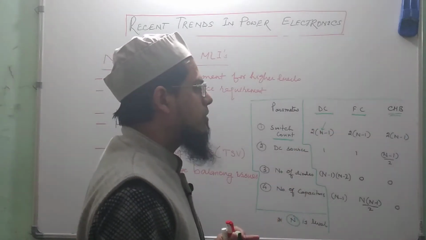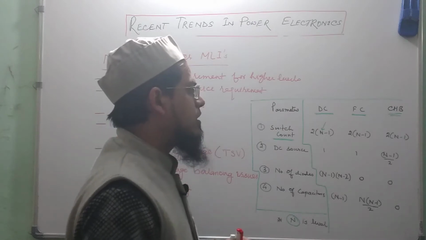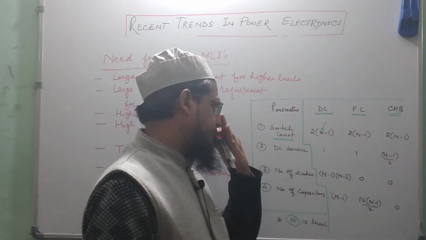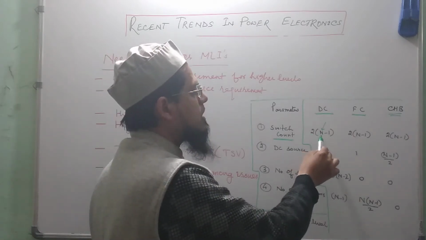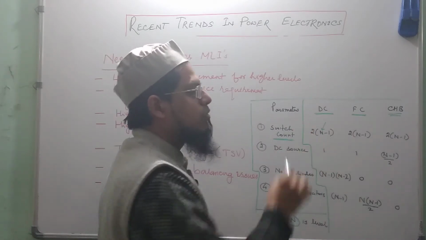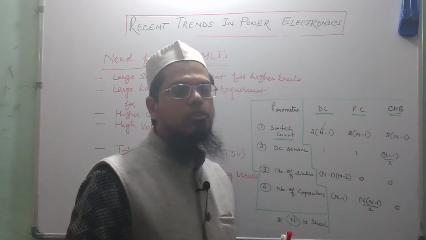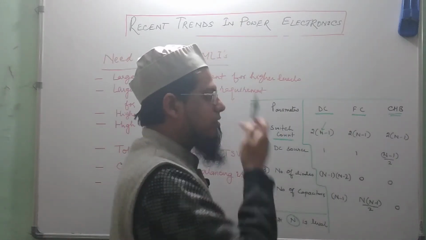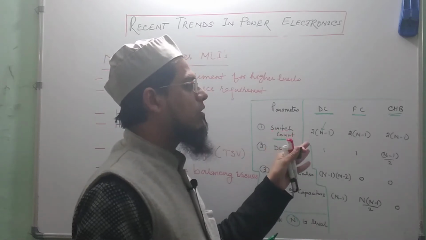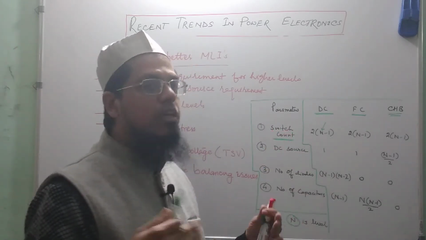For example, if one is interested in generating 7 levels in the output, then we require (7-1) times 2, that is 12 switches. Similarly, as we increase the number of levels, the switch count is going to increase considerably.